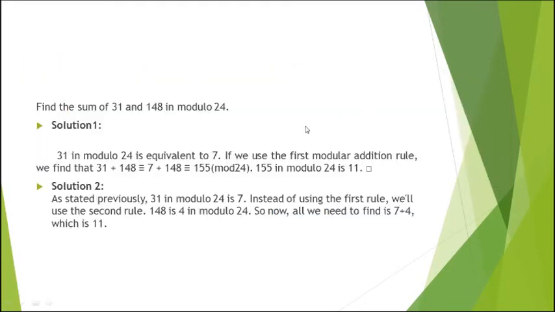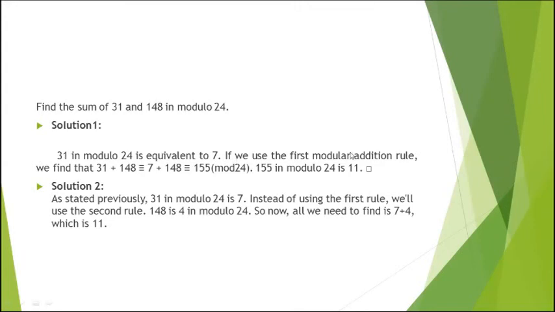Next, we have find the sum of 31 and 148 in modulo 24. Solution number 1, 31 in modulo 24 is equivalent to 7. Because 31 minus 24, the answer is 7.